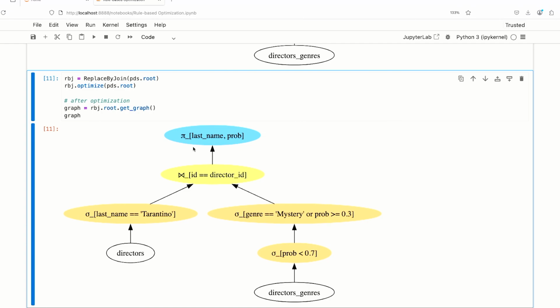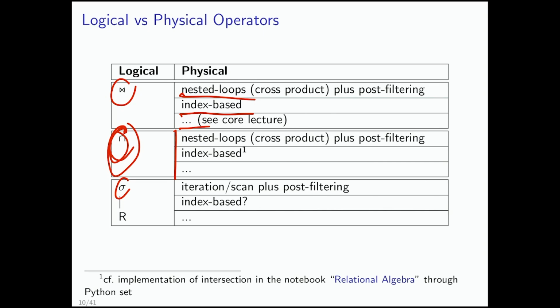And the other is what I presented to you at the beginning of today's lecture. If I go back to the slide, here we go: logical versus physical operators. I'm currently showing just this bow tie symbol, but planning is not only about relational algebra.